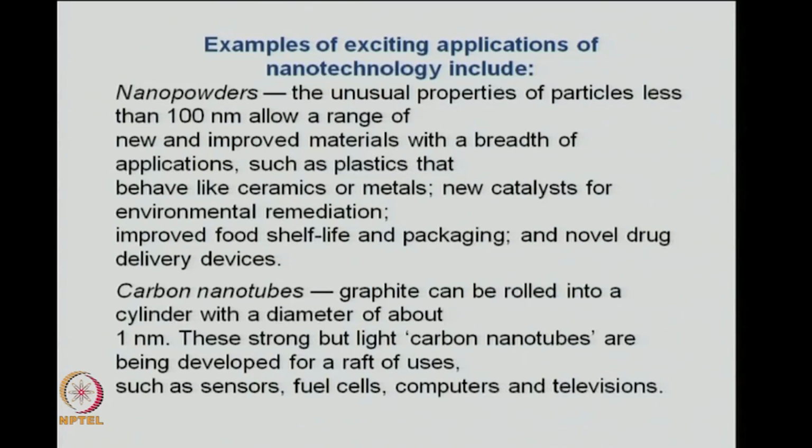Then carbon nanotubes, which are basically graphite which is rolled into a cylinder. You can think about carbon nanotubes like that. These nanotubes are very strong but light, and they are being used for a variety of uses because of their mechanical strength and their conductivity.